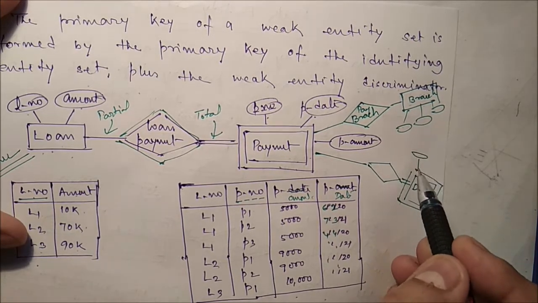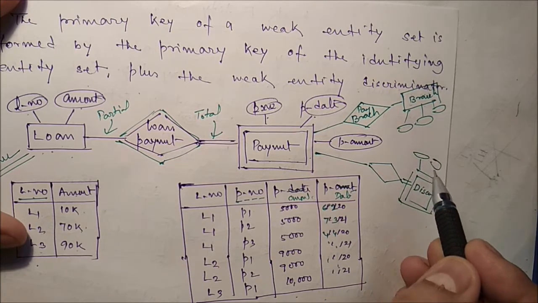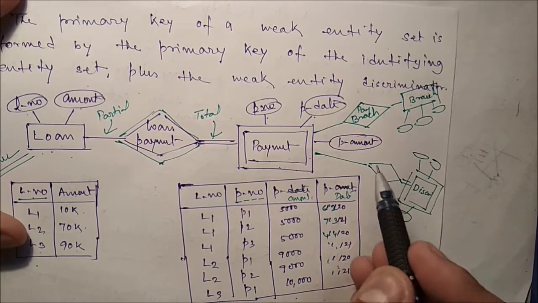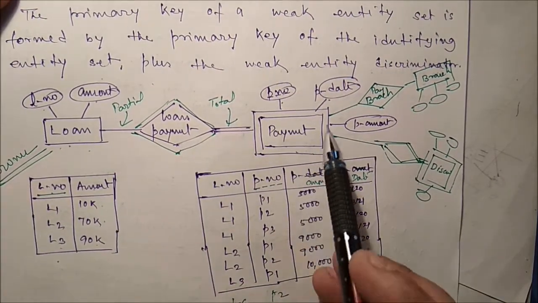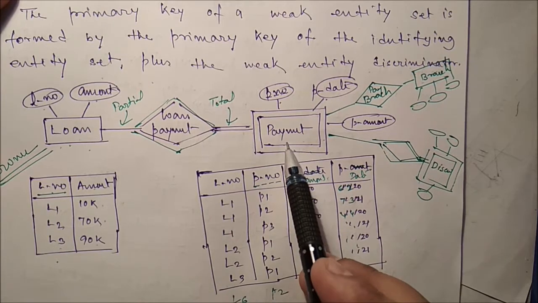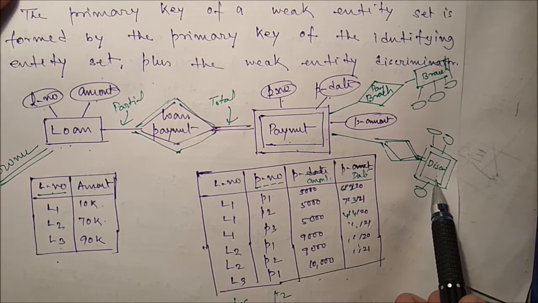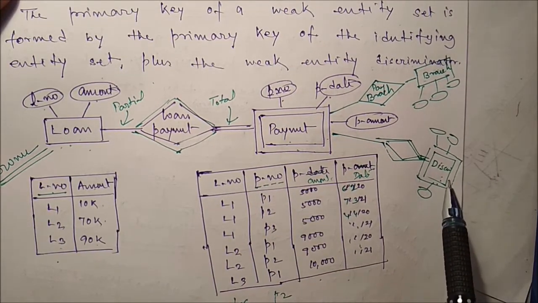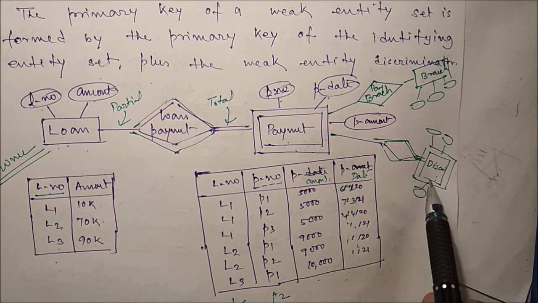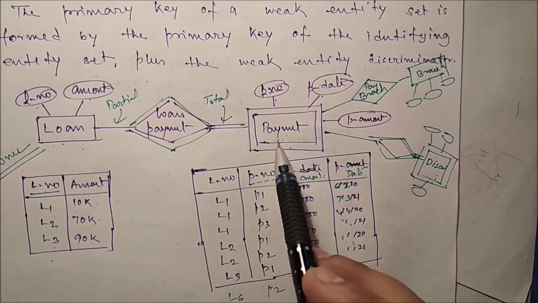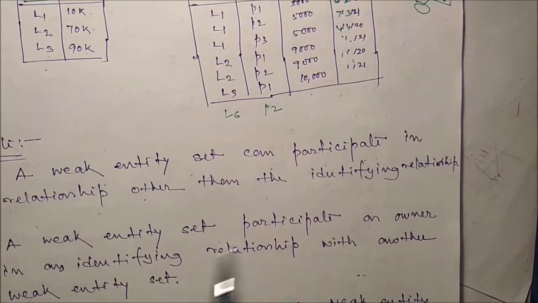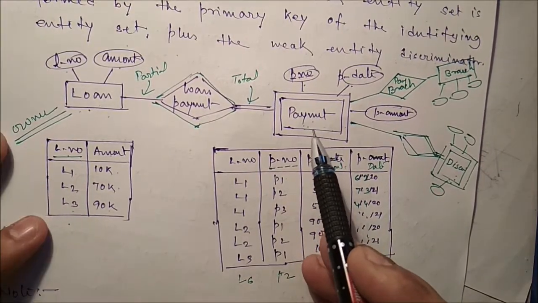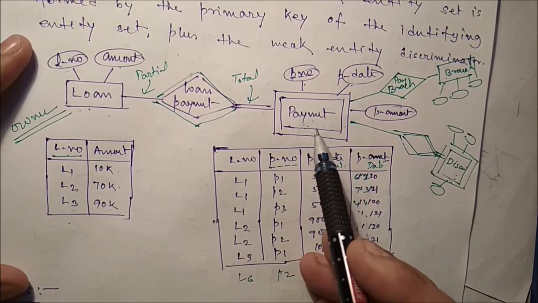Now something like discount ID, discount name, discount type, it may be there. Now in this case, this is the owner entity set or identifying entity set, and this is the weak entity set, and the owner of this particular weak entity set is this one. Are you getting this one? So here the weak entity set is working as an owner. Its role is like an owner.